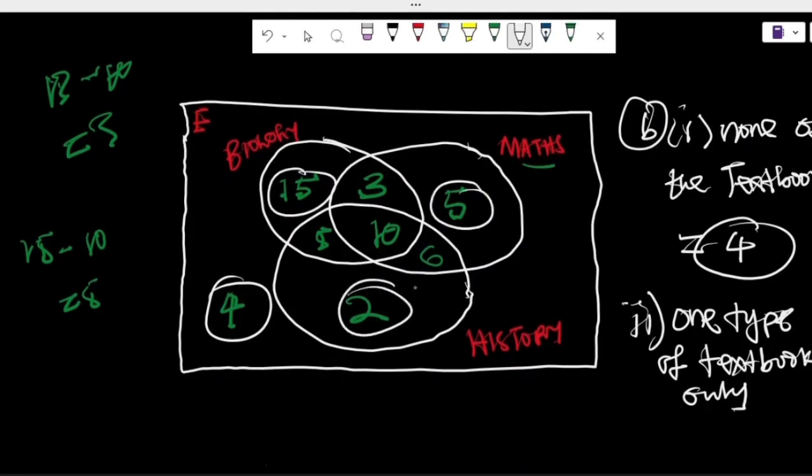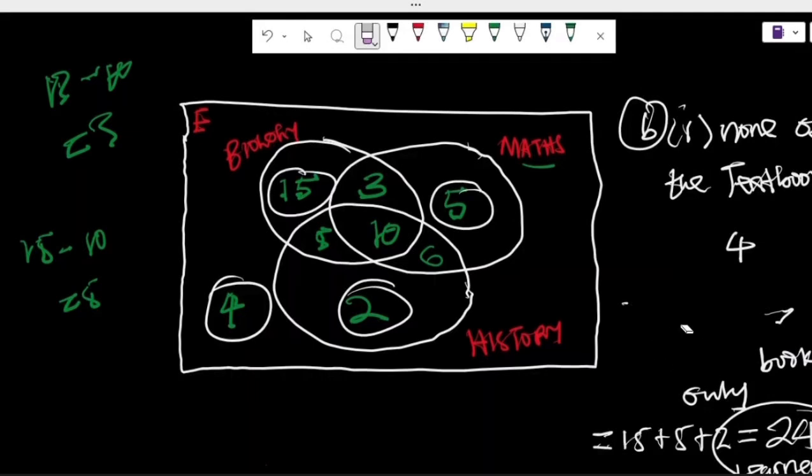These are the only learners who collected one type of textbook only. 15 biology, mathematics only 5, and 2 history. So you're going to have 15 plus 5 plus 2, which is equal to 24 learners. And so this is the answer for this question.